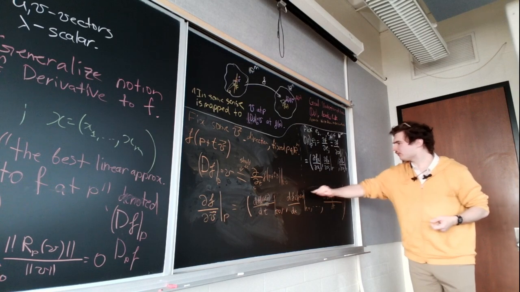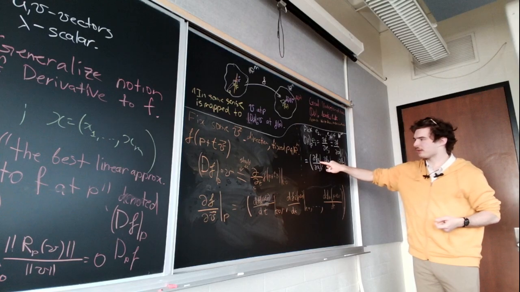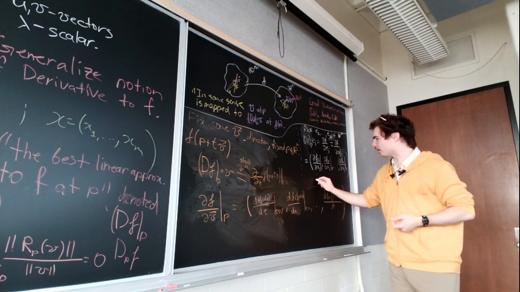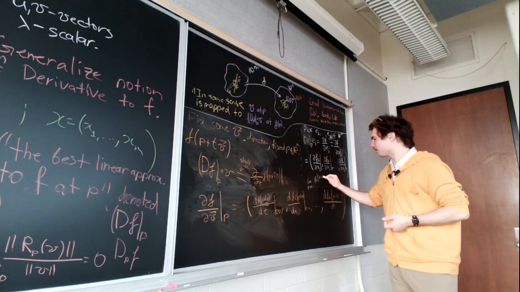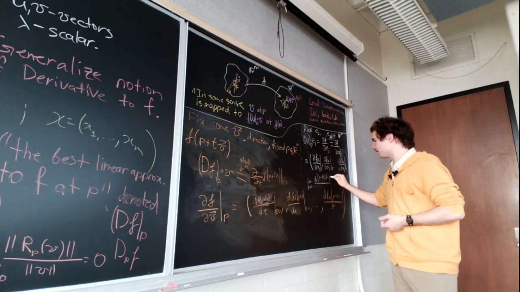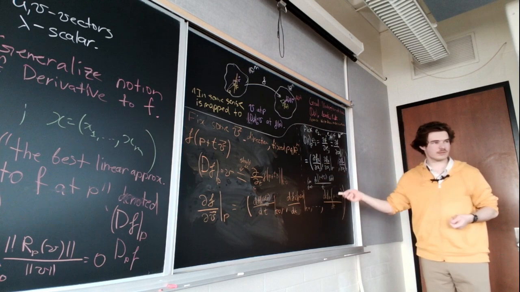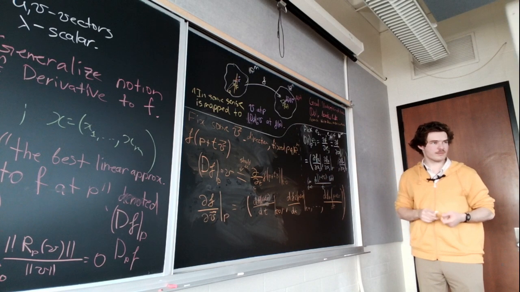But if you were to remember what this was, I had the function f1, and then I took the derivative. So I took the limit as t goes to 0 of f1 at p plus t ej, minus f1 at p, over t. You agree that this is what this stood for?